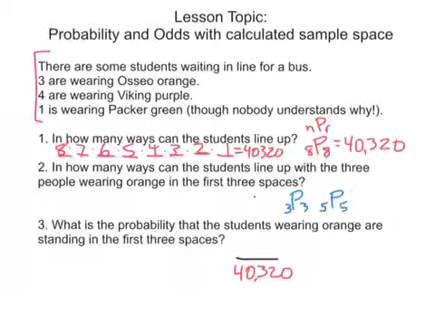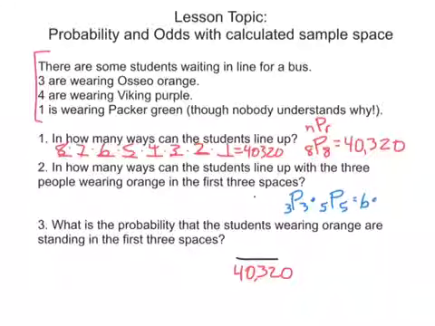And then, since it's 2 different events going on, the first 3 people who lined up and then the next 5 people who lined up, and you heard me say "and then," we're going to multiply our permutations. So the first thing we need to do is calculate 3P3, and 3P3 is 6.